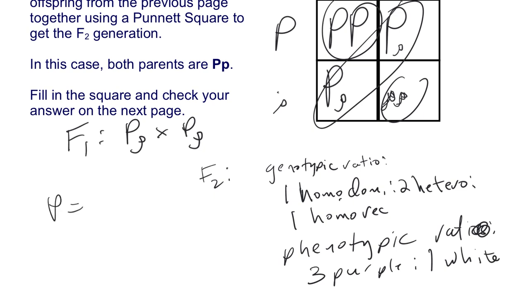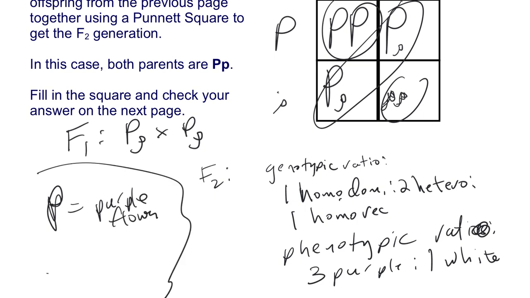Recall that big P is the allele for purple flowers and little p is the allele for white flowers.